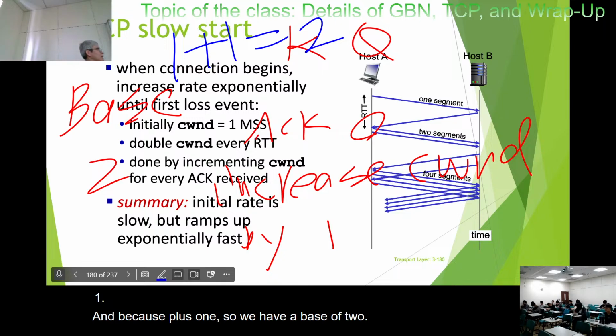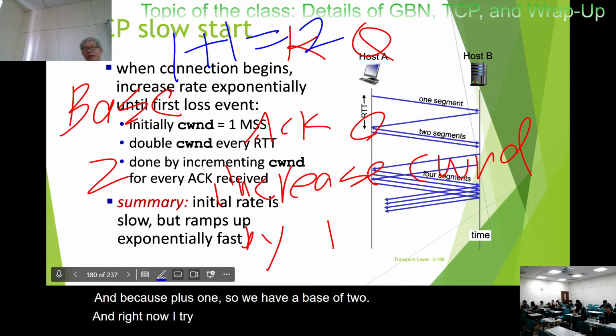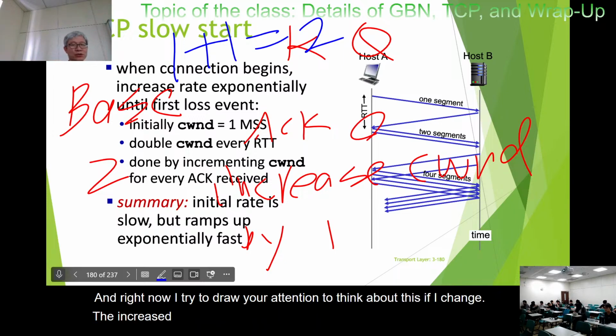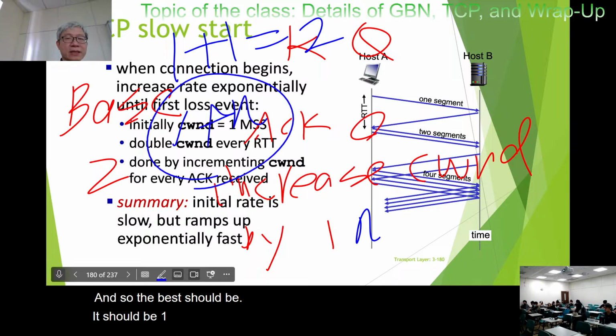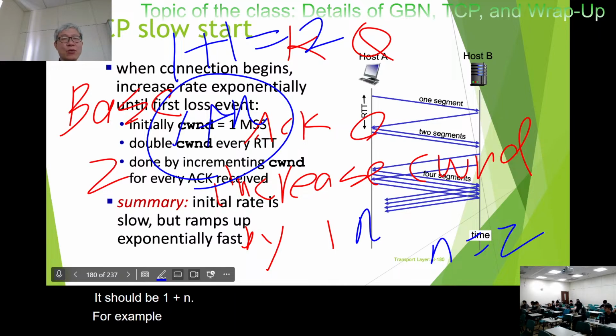Now I want to draw your attention to this. If I change the increase number from 1, for example, to n, the base should be 1 plus n. For example, n equal to 2, then we have 3 here.